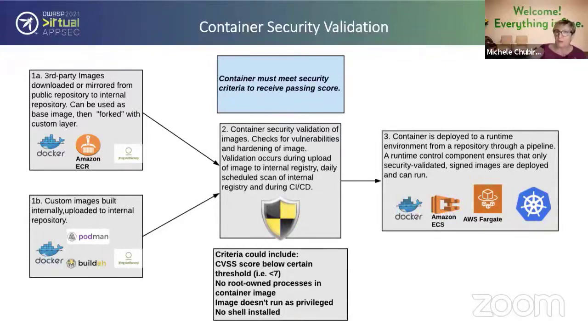And I might, for example, say that the score can't be equal to or greater than 7. That's an example. I may check to see if there are any root-owned processes in the container image. I might also check to see that the container doesn't run as privileged. And I may look through the container image to see that it doesn't have a shell installed.